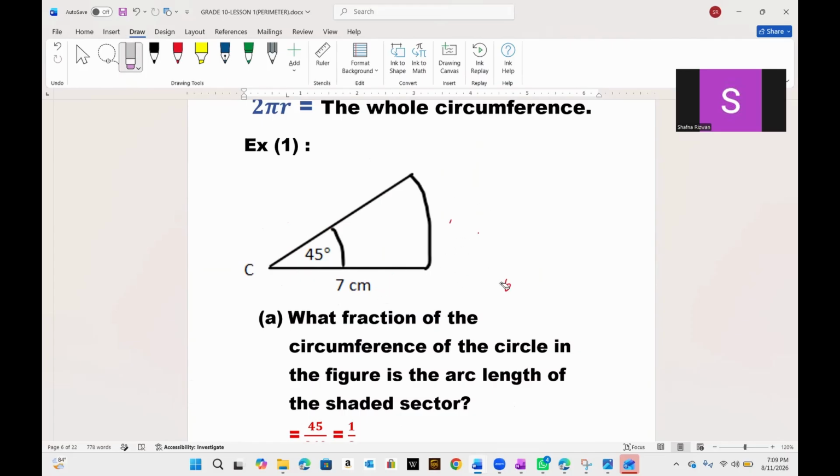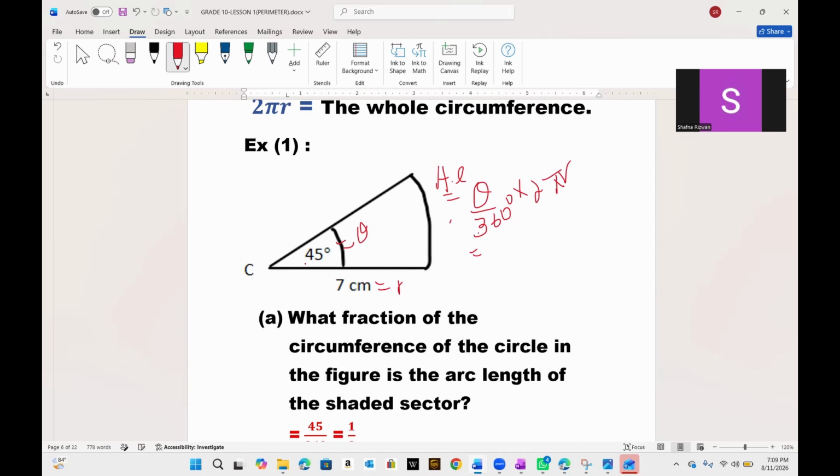Arc length is equal to, first of all, this 45 degrees is your theta, 7 centimeter is your radius. Then arc length equals theta over 360 degrees into 2 pi r.